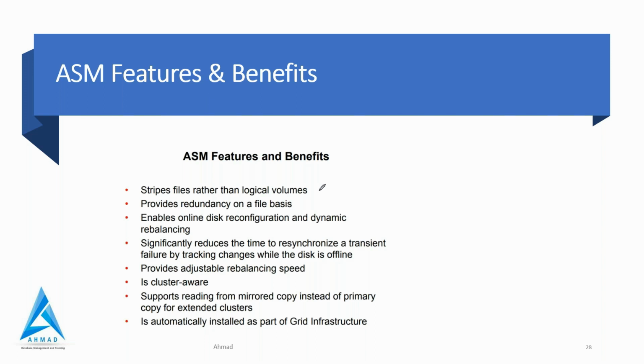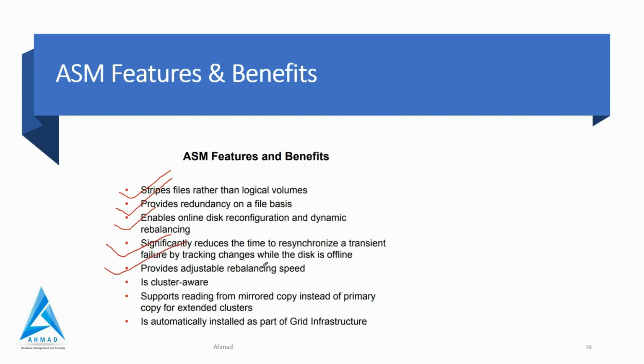So basically it stripes files rather than logical volumes, provides redundancy on a file basis, enables online disk configuration and dynamic rebalancing, significantly reduces the time to resynchronize a transient failure by tracking changes while the disk is offline.